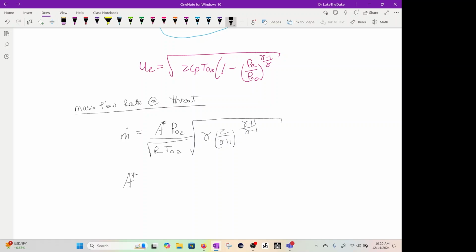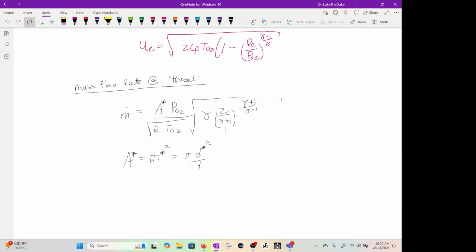And then therefore A star equals pi R star squared, which is pi d squared over 4. Okay? So we can basically solve for A star if we know the mass flow rate. All right? Which you're kind of sizing this rocket.